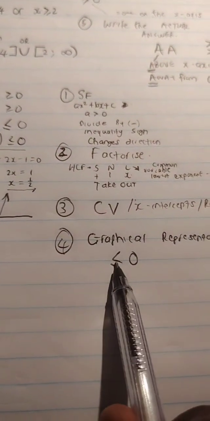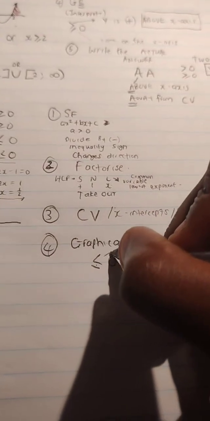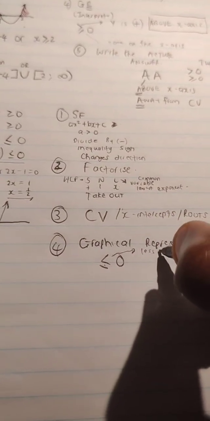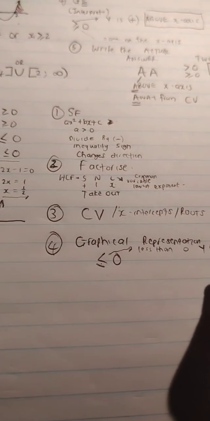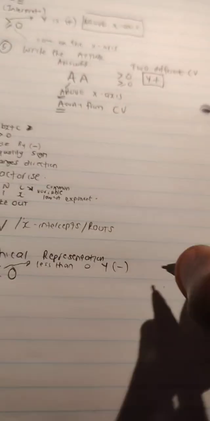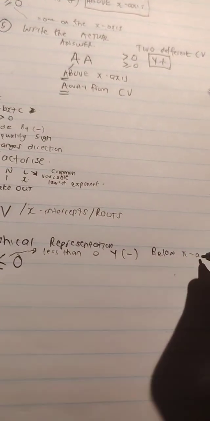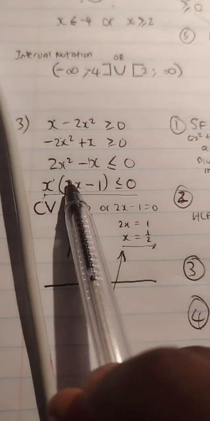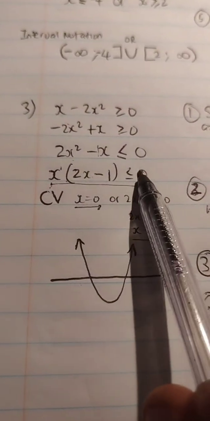It is less than or equal to 0. So you are going to now have to interpret what less than or equal to 0 means. The less than 0 part, what does that mean? It means where y is negative. Where is y negative? Below your x-axis.